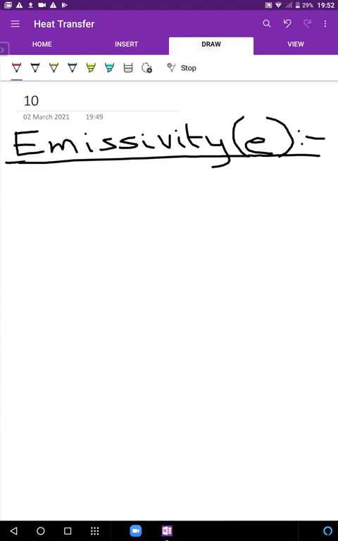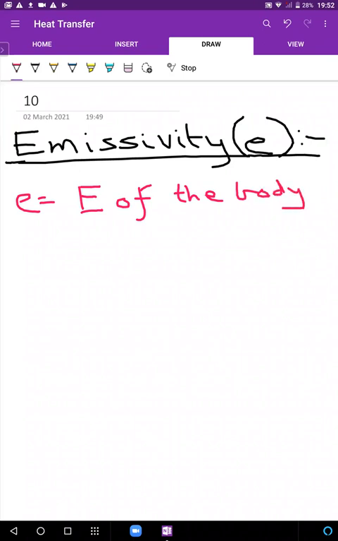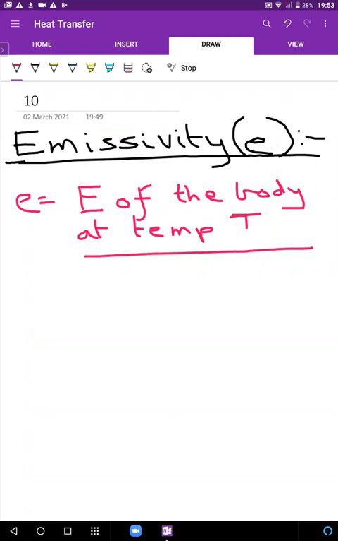It is defined as the emissive power of a body, so the emissivity of a body is defined as the emissive power of the body at a particular temperature T, which can be any temperature, divided by the emissive power of a black body.